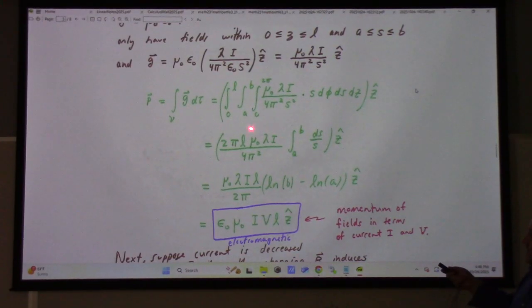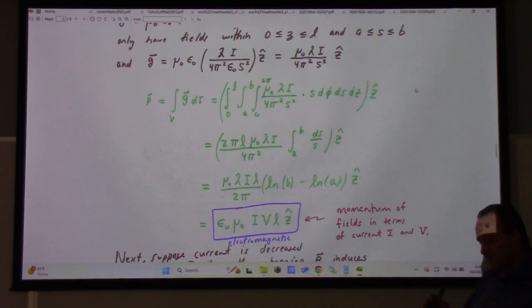I was feeling guilty about my lack of bounds on the last page, so I added all three of them here, but they're all dumb because they just give you an L and the phi just gives you the 2 pi. So you get mu naught lambda I, and then this gives us a log. Anyway, this formula on its own isn't especially interesting, but there you go.